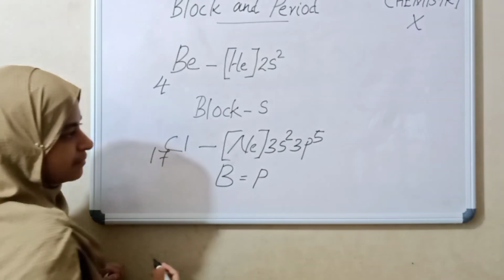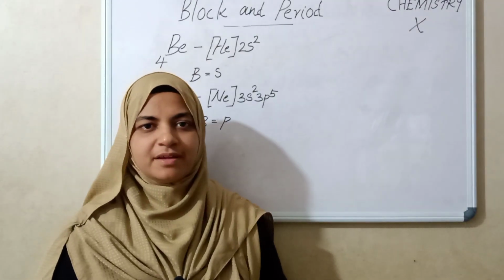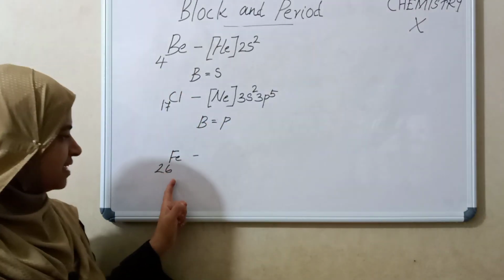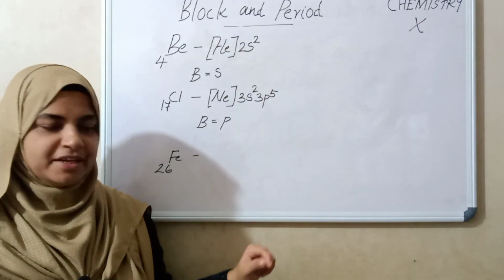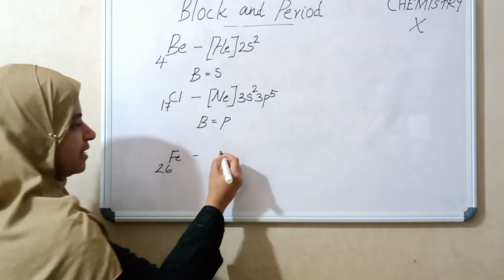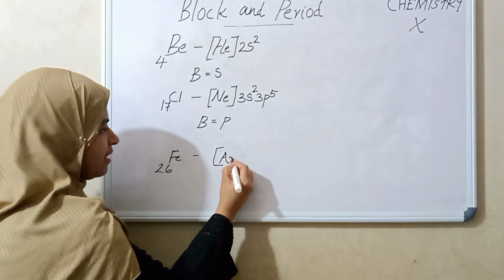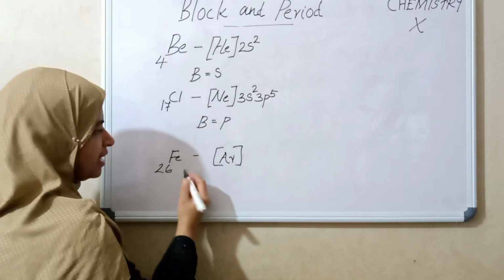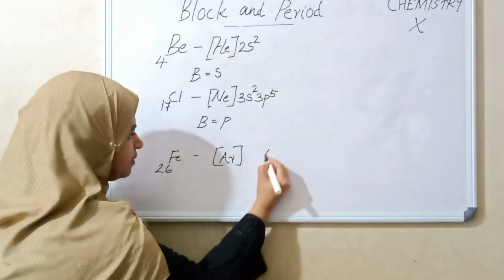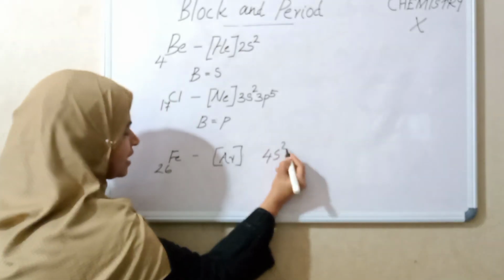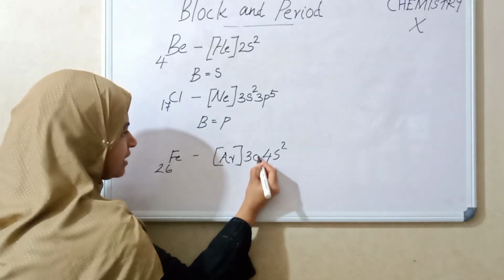P. Okay. The next example is iron, 26. This can be written in short form by using argon, Ar. Then the next electrons are added to 4s2, then 3d6.